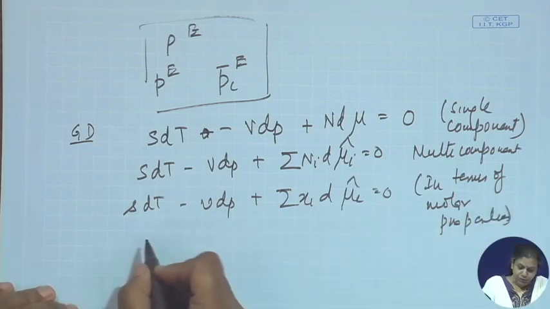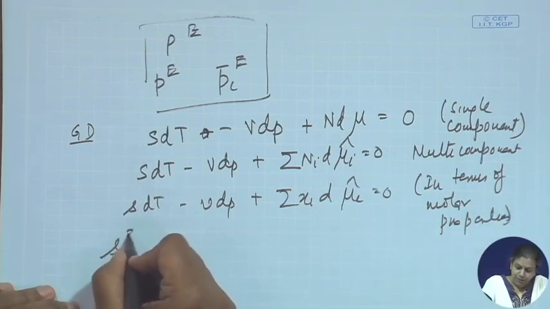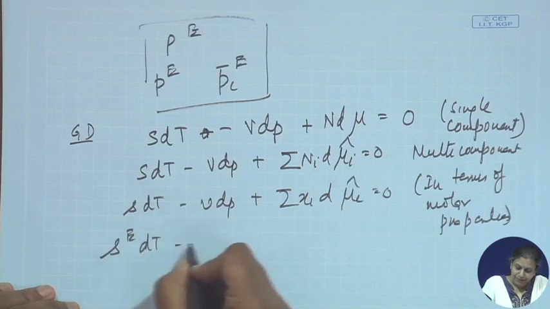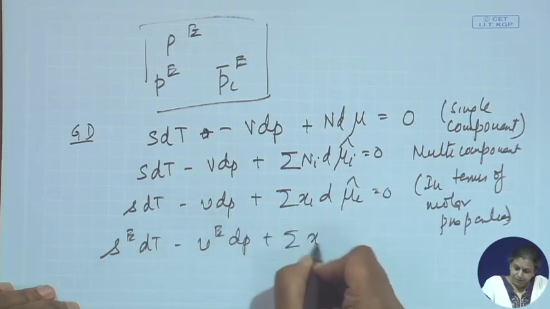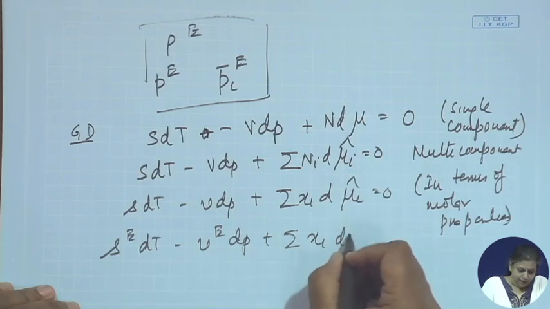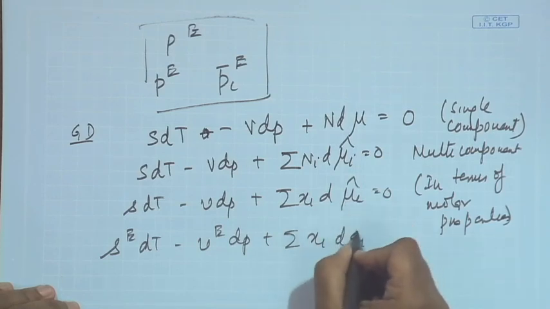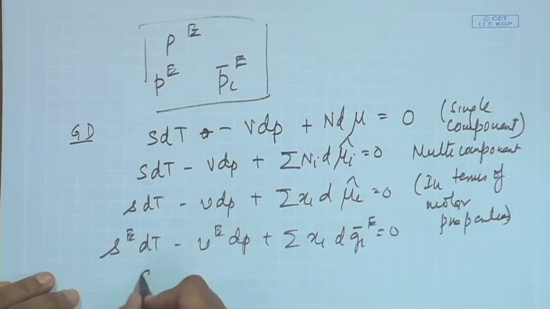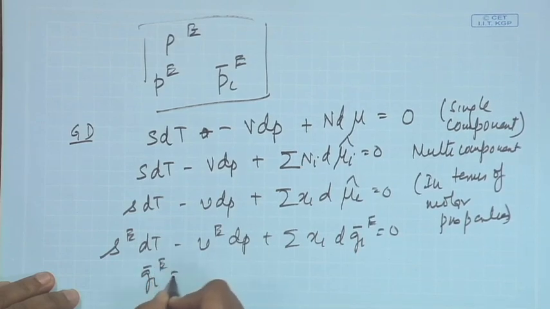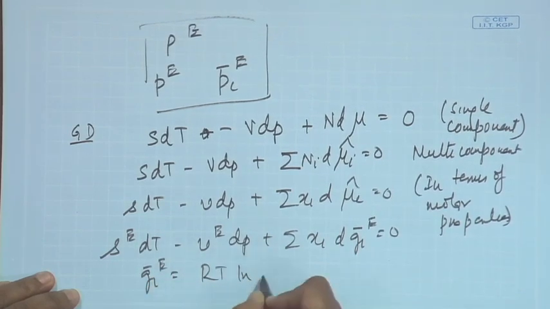Agreed? So, in terms of excess molar properties, again let us write it down. Can I not write mu_i as nothing but g_i bar E? And again I know what this g_i bar E is; we have derived it, it is nothing but RT ln gamma_i. Agreed.